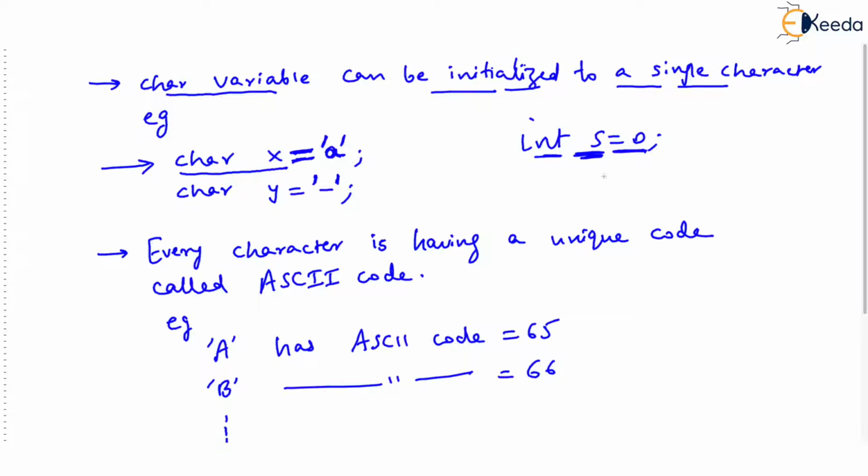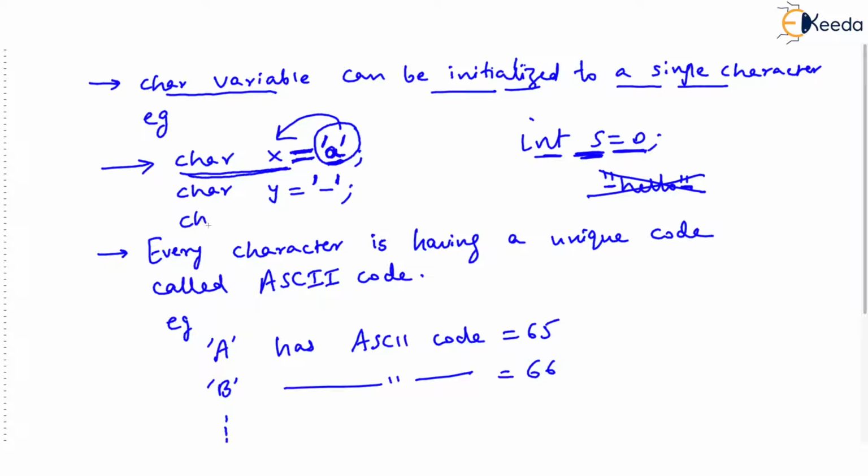Strings are written in double quote. For example, if you have a string like hello, this should be written in double quote. But we are not talking about strings at this point of time. We are talking about a variable that can store only one character, and whenever you are storing one character, that character should be enclosed in the quotation. So this is how you initialize a character.